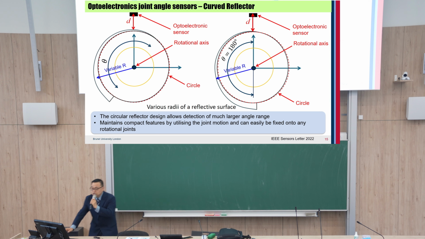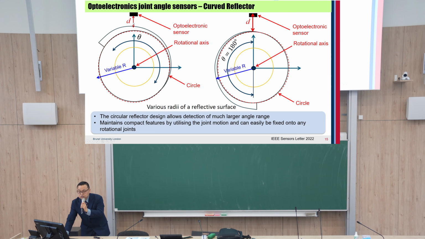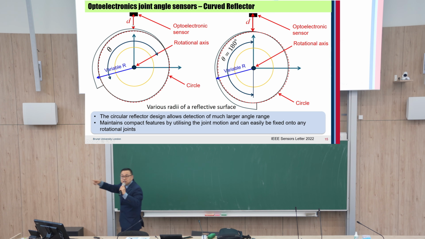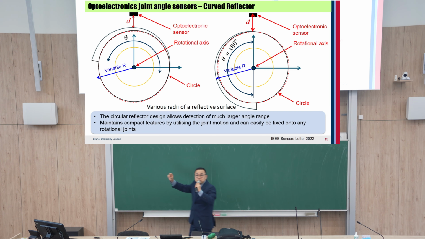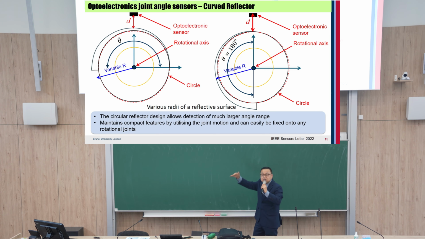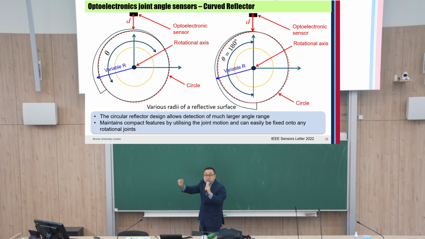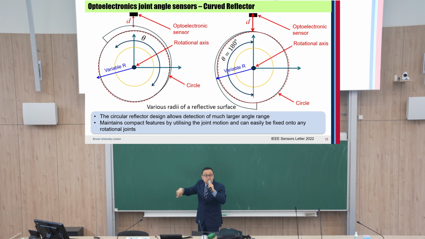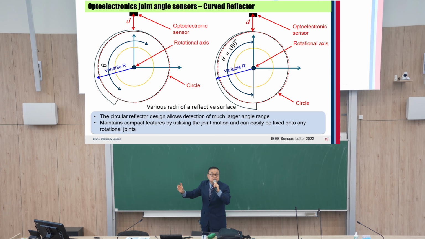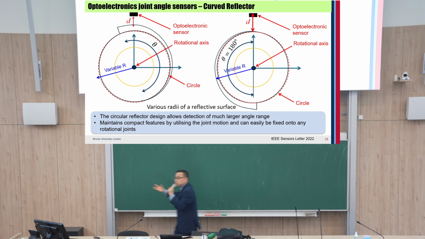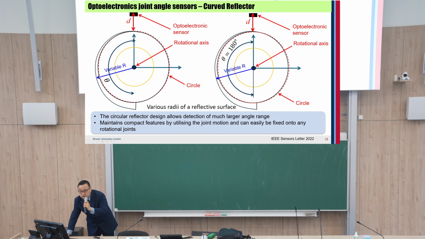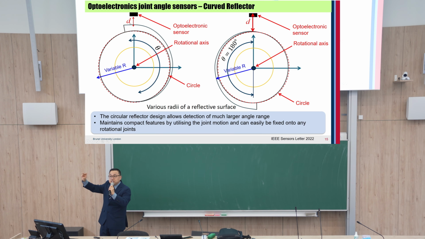Now we fix the optoelectronic sensor. This optoelectronic sensor measures the distance between the surface and the sensor, right? So the meaning is that, in this way, the optoelectronic sensor measures rotational angle, because we can map between angle and this distance.